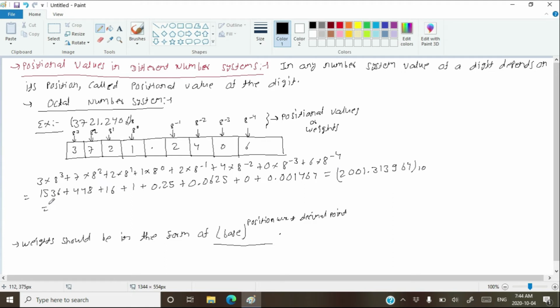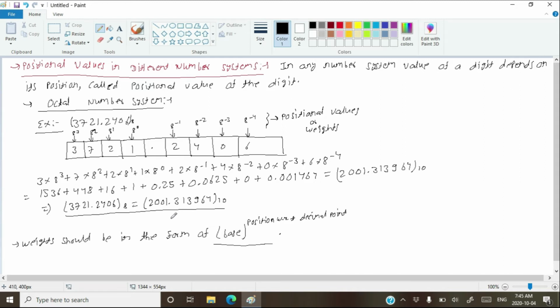So you can say that the number 3721.2406 in octal is same as 2001.313964 in decimal. Okay, these two numbers in different number systems, one in octal and other one is decimal, are representing the same quantity.